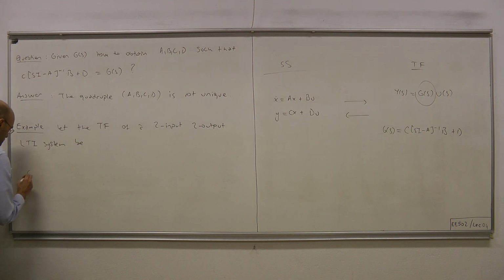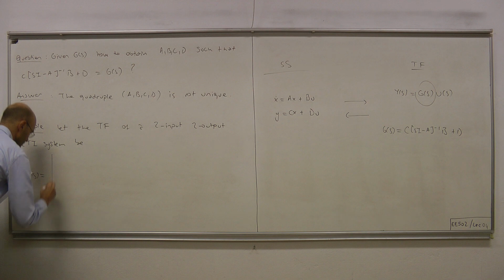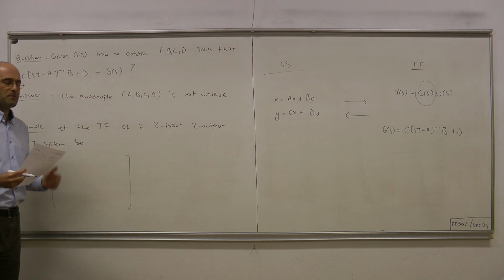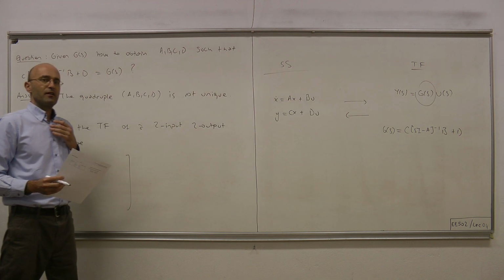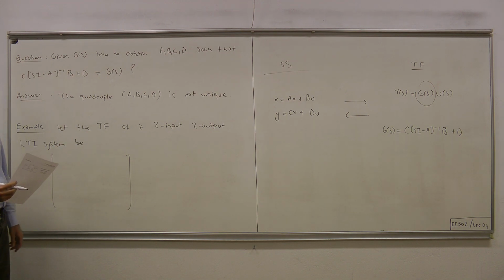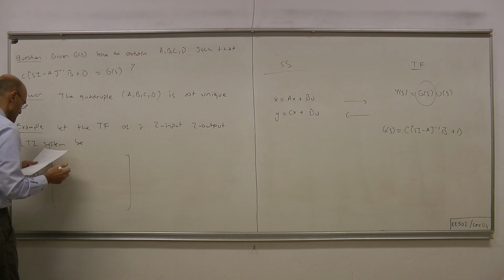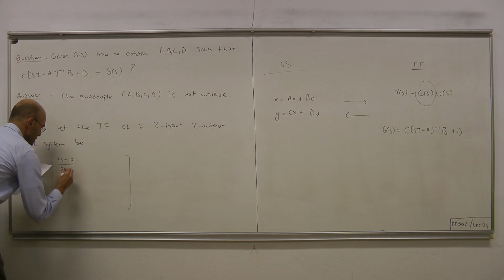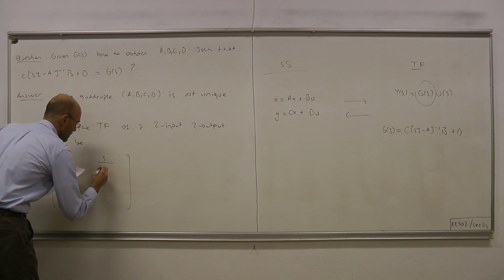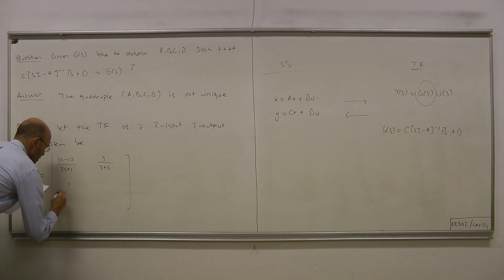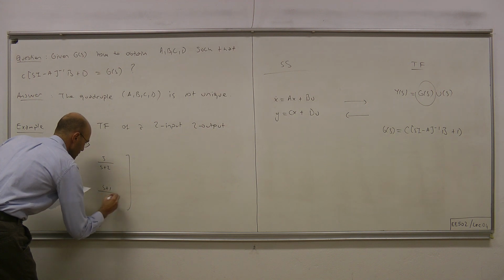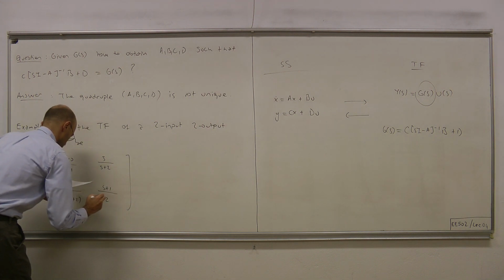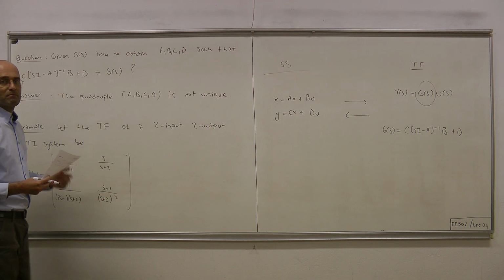It is given as follows: G of s equals, now each entry of G of s, or a transfer function matrix in general, is a proper rational function. And in this case, in our example, this is what we're given: (4s minus 10) over (2s plus 1), 3 over (s plus 2), 1 over (2s plus 1), and here we have (s plus 1) over (s plus 2) squared.